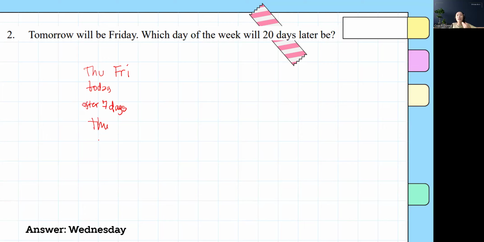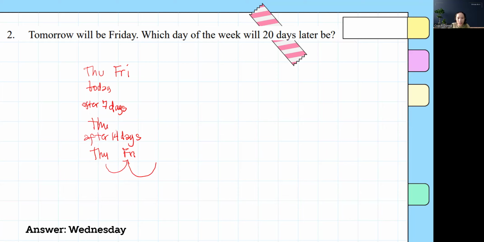And another 7 days, meaning after 14 days from today, it's still a Thursday. All right? So 14 days to get to 20, that needs 6. Okay? 6 days moving forward from Thursday, that would mean Friday.